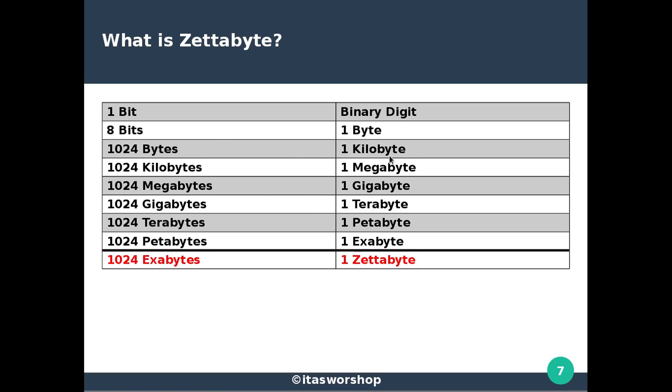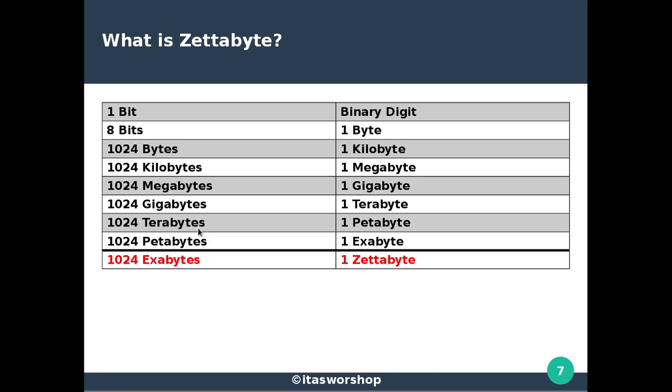We know 1 byte, kilobyte, megabyte, or GBs. Photographs are in GBs. 1 TB we keep as a hard disk. Up to 1 TB of disk storage, we are supposed to deal with every day. It's just normal for us. And if we talk about 1 petabyte, it becomes 1024 terabytes.